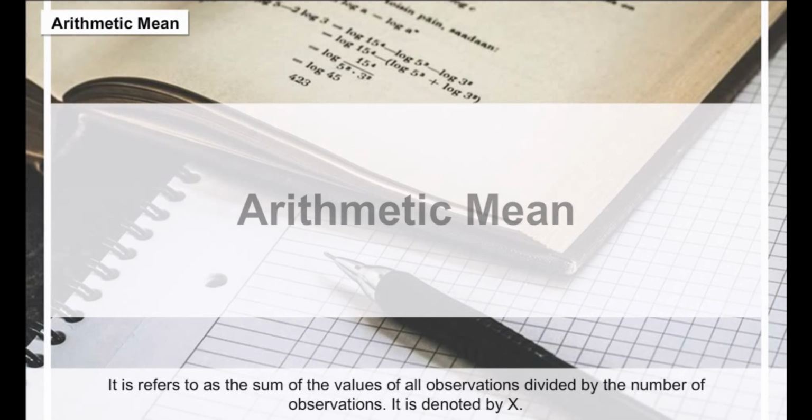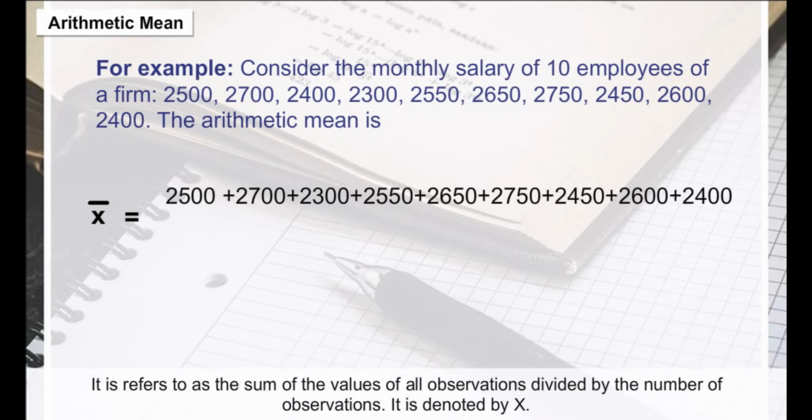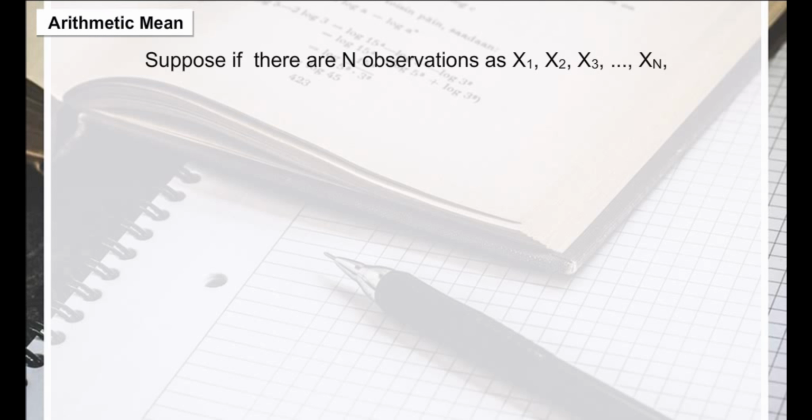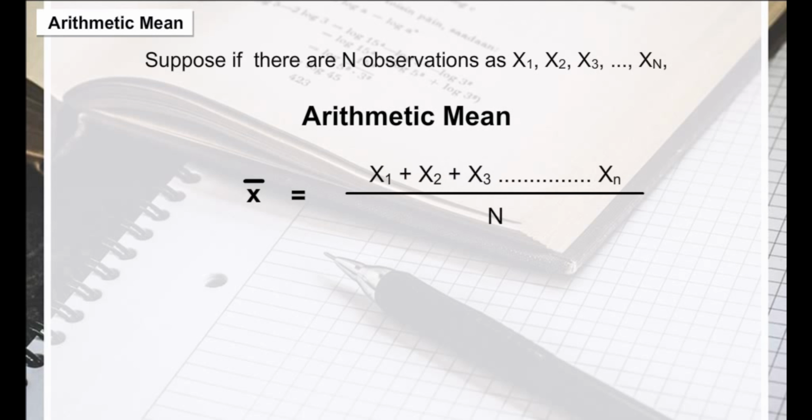Arithmetic mean. It is referred to as the sum of the values of all observations divided by the number of observations. It is denoted by x bar. Suppose there are n observations x1, x2, x3 and so on till xn, then the arithmetic mean is given by x bar equals x1 plus x2 plus x3 plus and so on till xn upon n.